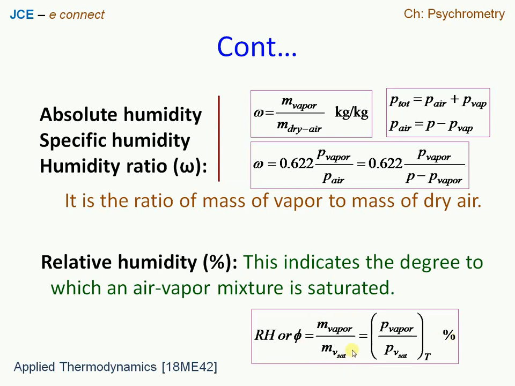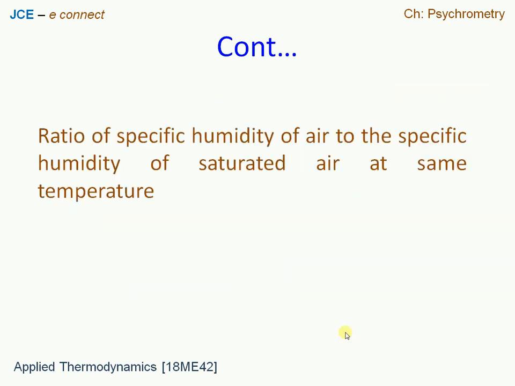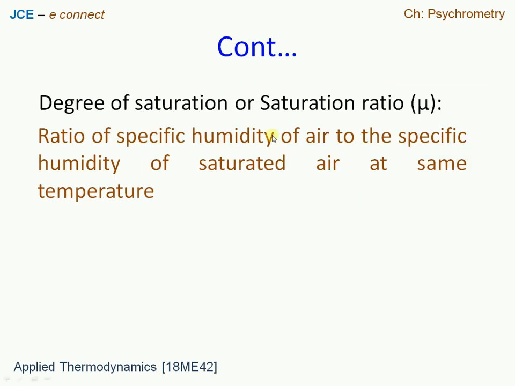This knowledge about relative humidity is important as it talks about the extent to which a given sample is saturated. Let's move further and see what the degree of saturation, or saturation ratio, is, which is given by mu.